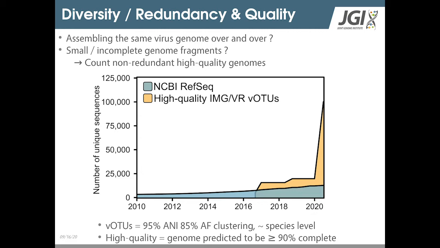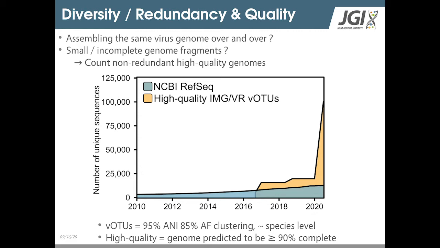What I call non-redundant is basically you can do pairwise genome comparison, and then you just cluster them when they look almost identical. High quality, and I will come back to this a little later, but basically these are genomes that have been predicted to be more than 90% complete, which means these are not tiny pieces of much larger genomes. You can do this for NCBI, you can do this for IMG-VR, and you get this curve, which looks very similar to the previous one.